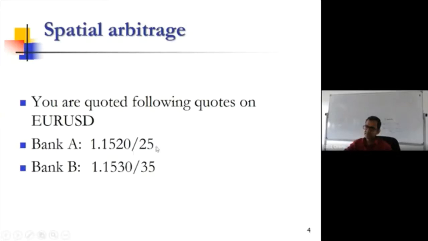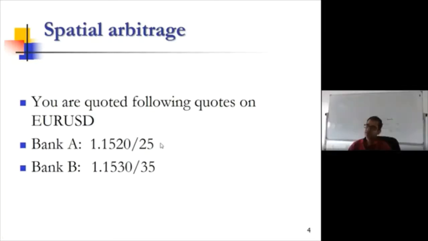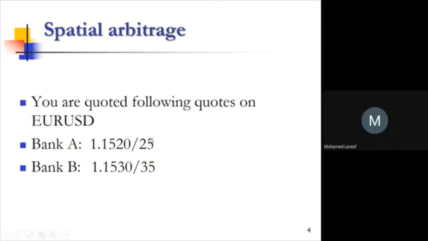What does this 1.1520 and 25 mean? These are buy and sell rates on the base currency, euro.